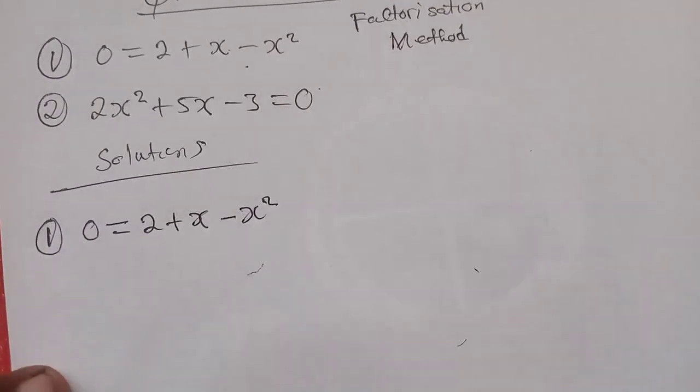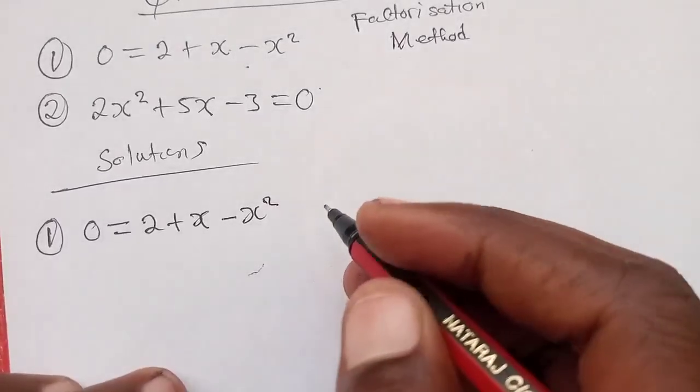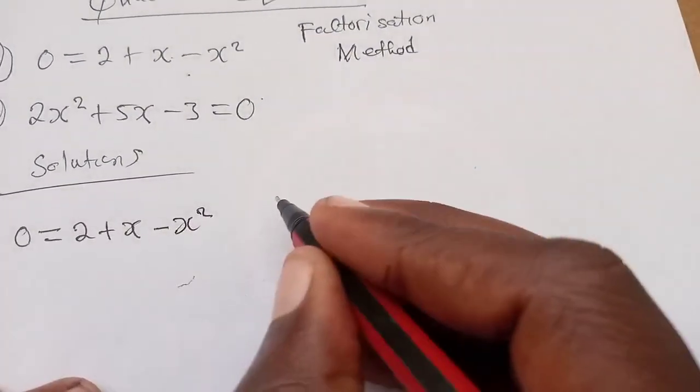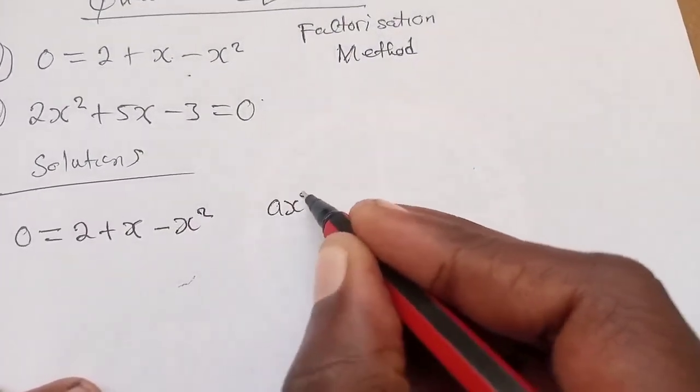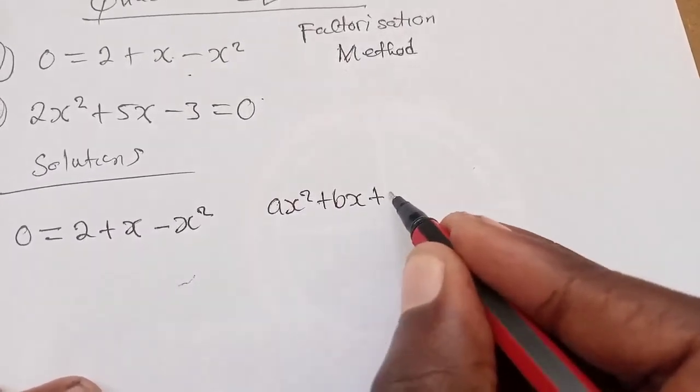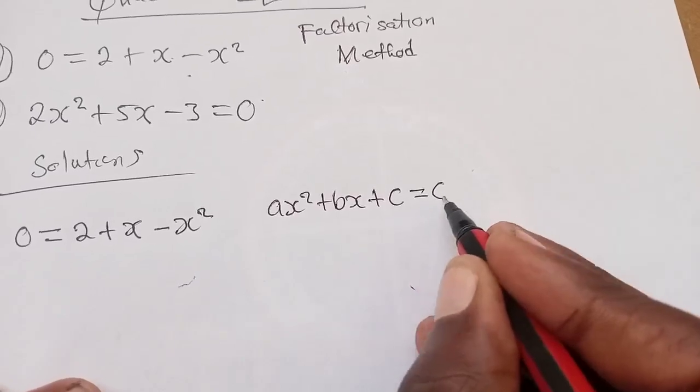like that. If you remember very well, in the previous video I said that quadratic equations are of the form ax squared plus bx plus c is equal to 0.